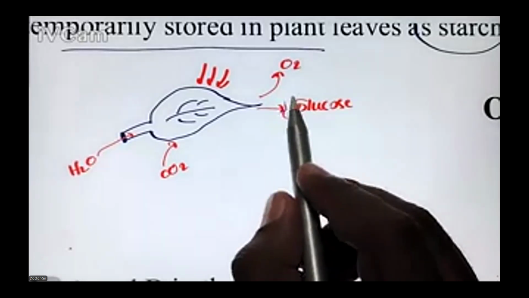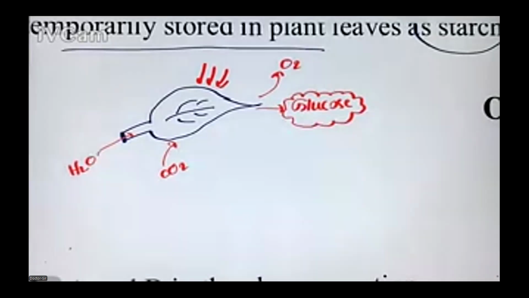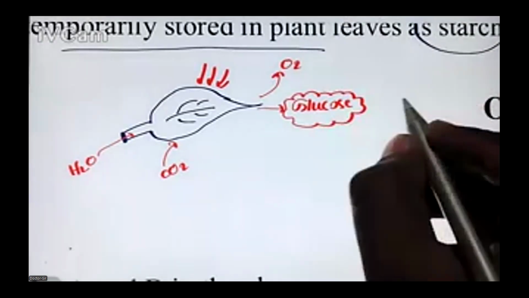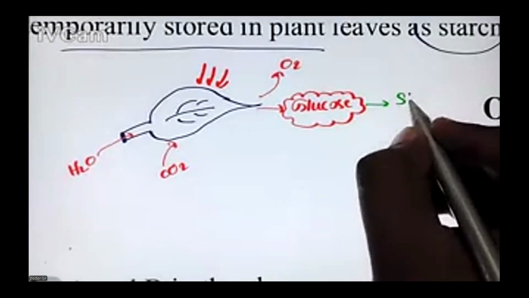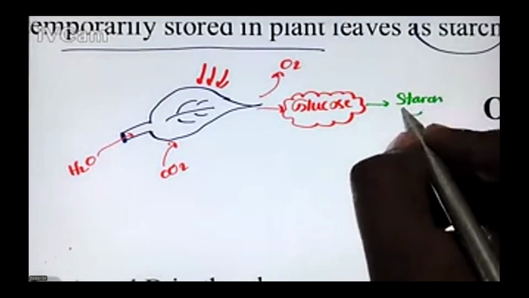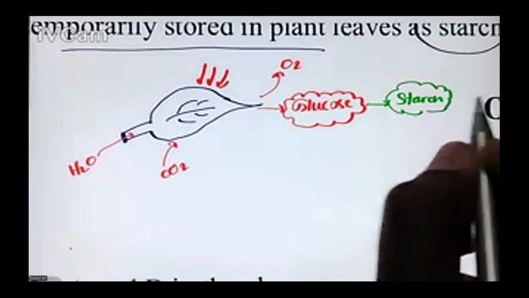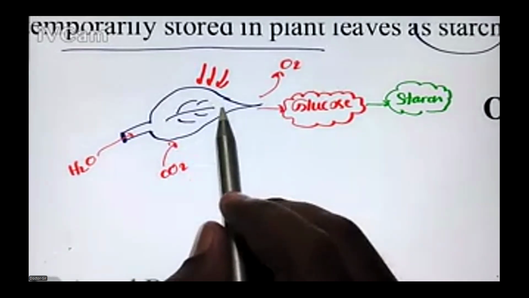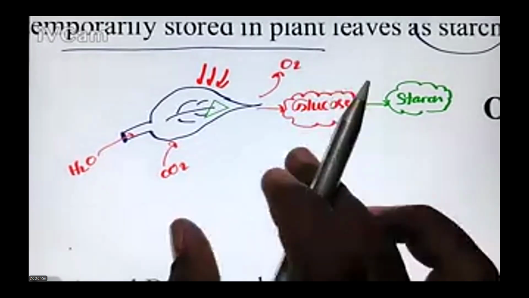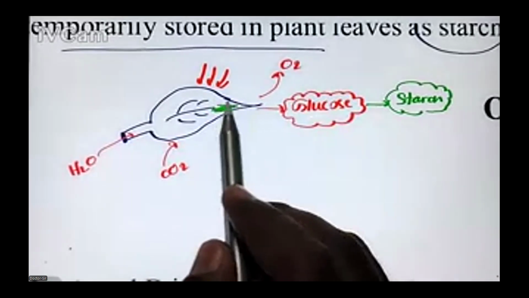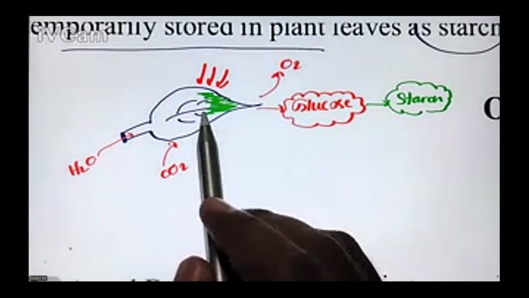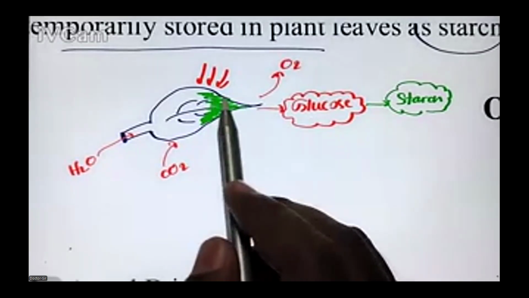What happens to this glucose over the next one or two days? Within one to two days, this glucose will be temporarily converted into starch. Then it will be temporarily stored in the leaves, in special locations in the leaf.